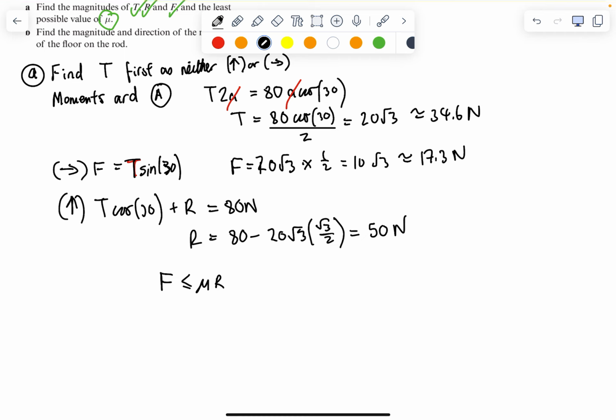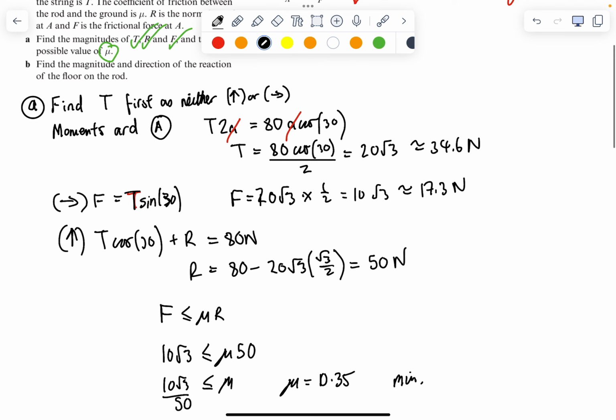So F, we worked out, was 10 root 3, and that's less than or equal to mu times R, which was 50. So that means that mu is greater or equal to 10 root 3 over 50. So that means that the minimum value for this is 0.35. And that's it. And that's our mu taken care of.